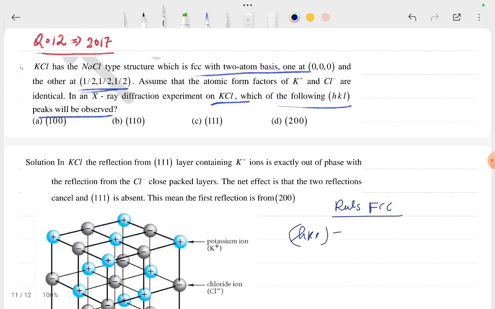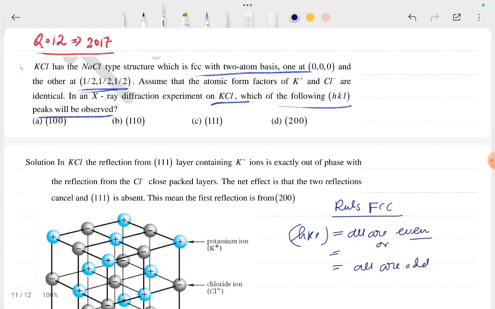HKL all even, because NaCl is an FCC structure and KCl is also an FCC structure. That's why, and or, all odd. Just check. First option A, 100, is a mixing of odd and even. The second one, 110, is also a mixing.